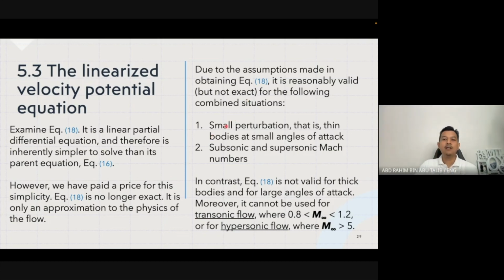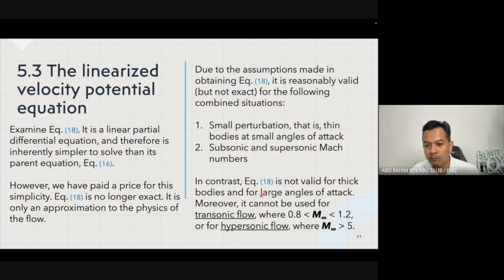Number one is small perturbation, that is for thin bodies at small angle of attack, as well as subsonic and supersonic Mach numbers. In contrast, equation 18 is not valid for thick bodies, so you cannot use it for thick bodies. We can only use it for thin bodies at small angle of attack with subsonic and supersonic Mach numbers.